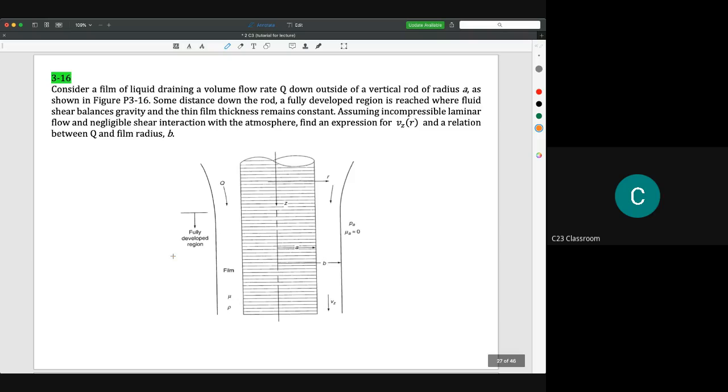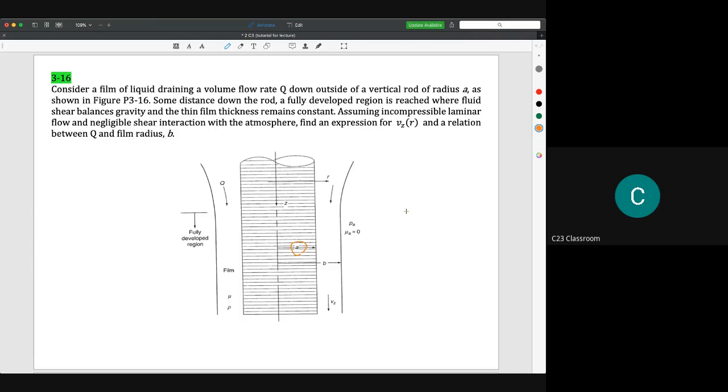Next, we are discussing the tutorial question 3.16. Consider a film of liquid draining at a volume flow rate Q down the outside of a vertical rod of radius a here, as shown in figure P3.16.